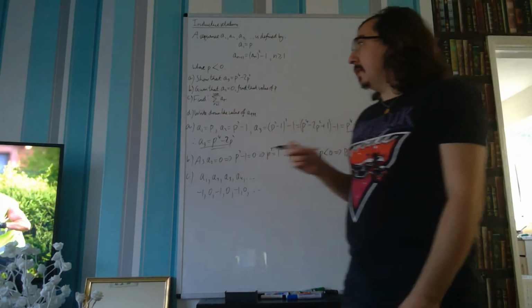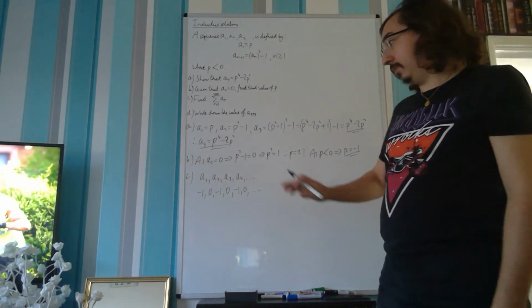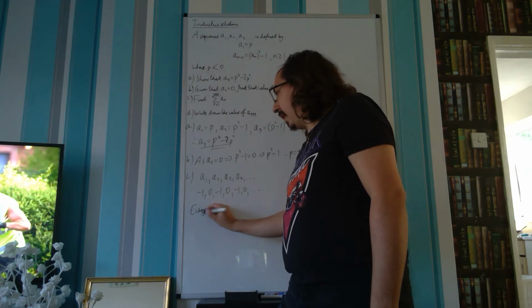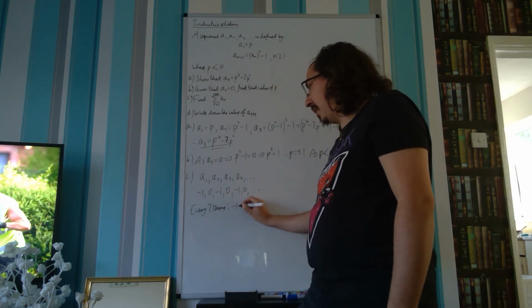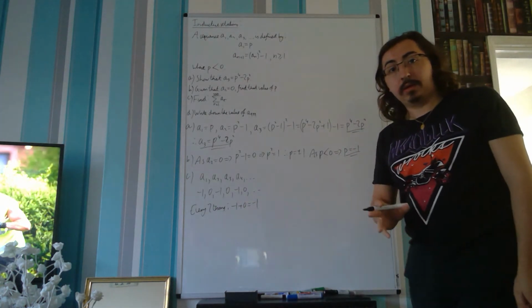So if we want to find the sum between the first term up to the 200th term, let's look at what this means. Well, every two terms, if we add them, we have minus 1 plus 0, which is equal to minus 1.